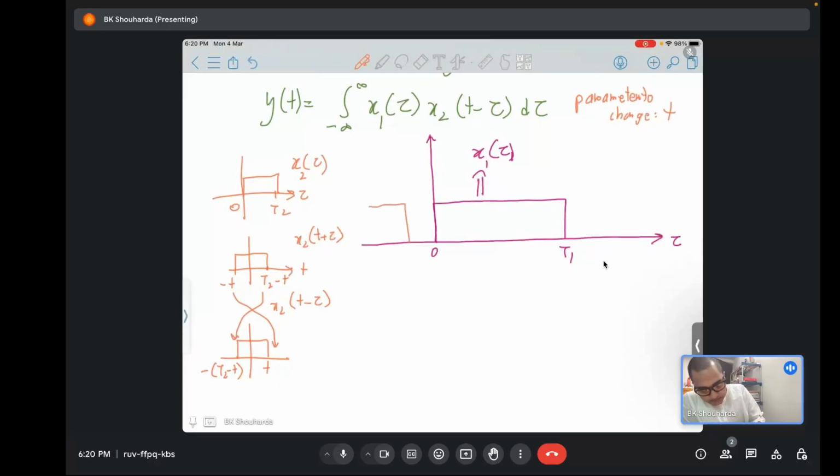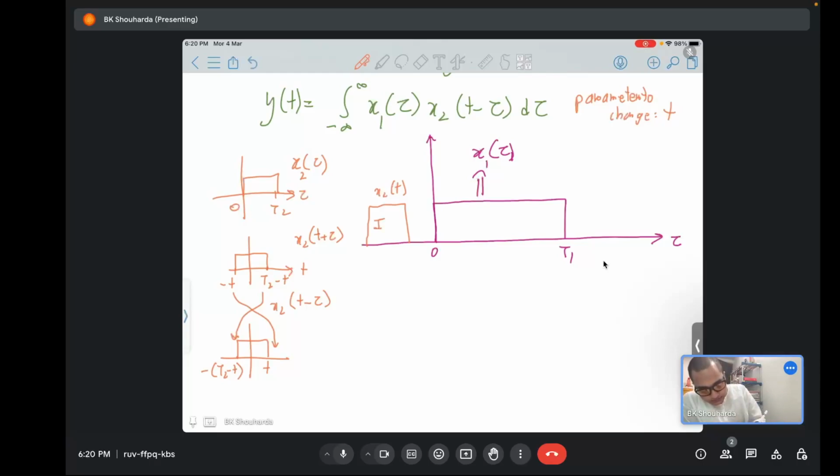So this is one possible case where x2 of t can be present, where it does not overlap with my pink rectangle. This is case 1.